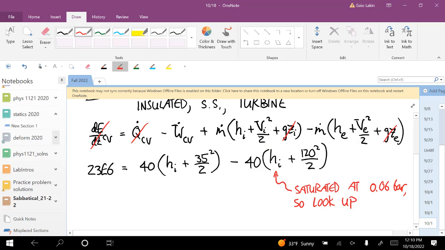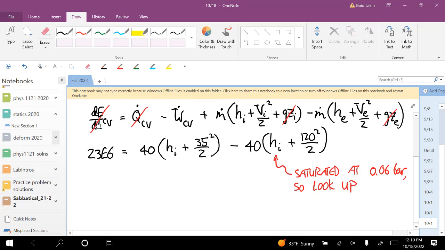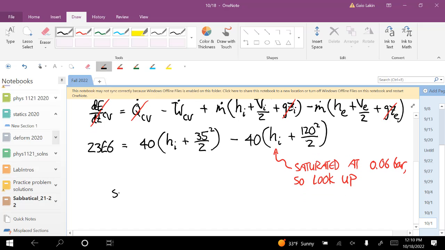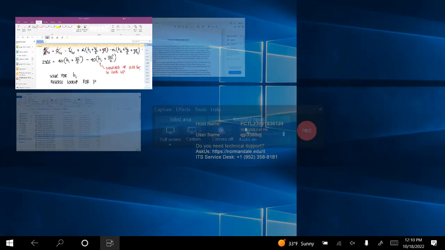Any other homework questions? Number 4. Okay. So solve for hi. And then reverse lookup for the pressure.